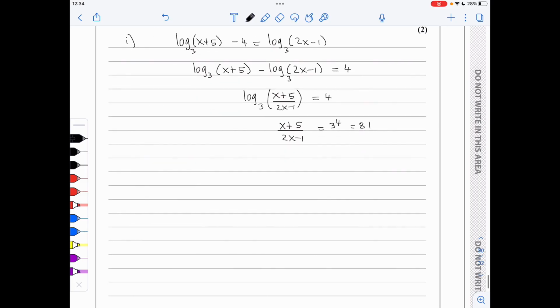I will now cross multiply to get x plus 5 is 2x times 81, which is 162x minus 81, and therefore we get 86 is 161x, which means that x is 86 over 161.